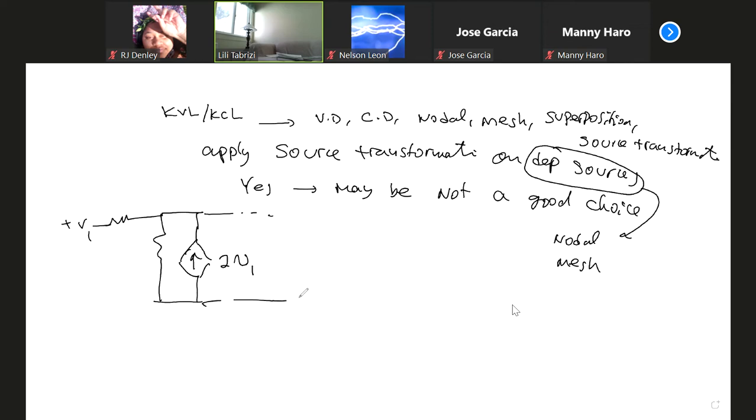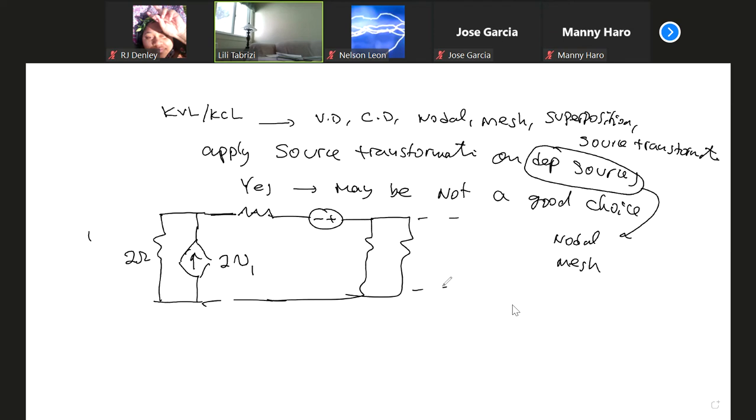Let's say we have some voltage sources, some resistors here, and so on, it doesn't matter. Is it okay to apply source transformation?